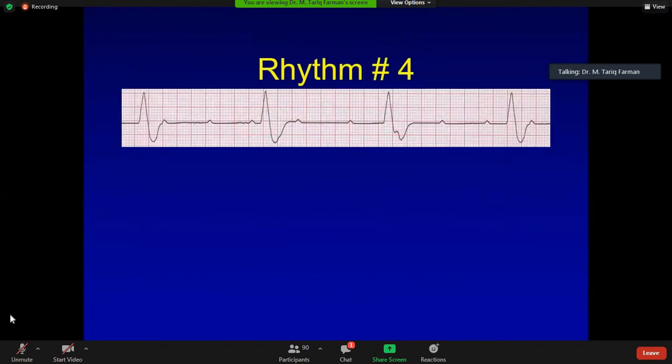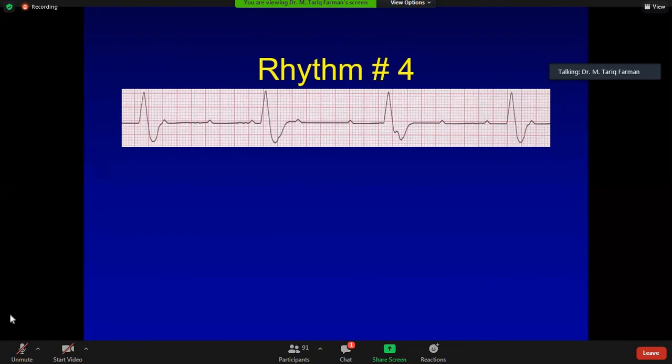Now, what is this? Now you can see the abnormal QRS complex. In the last 3-4 rhythms, you have seen the narrow QRS complex, right? And now you can see the broad QRS complex. Now it's obviously abnormal. Normally the QRS complex is not more than 0.1 second or 100 milliseconds.